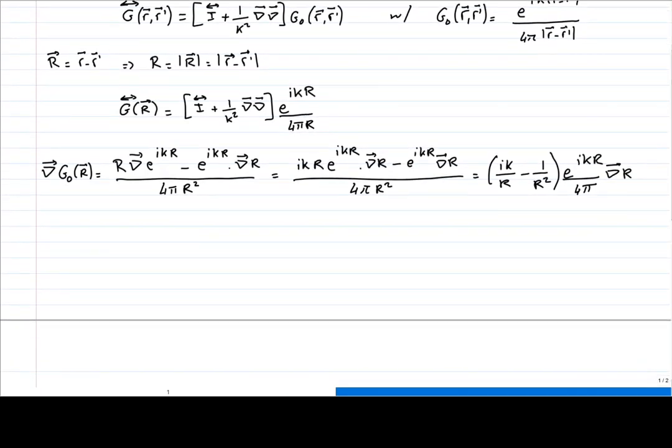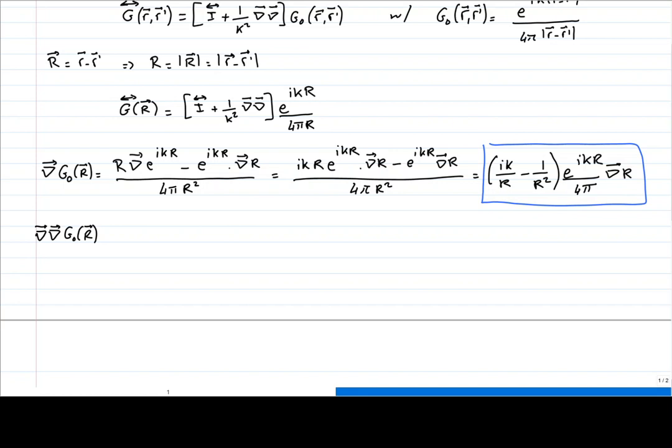Now the second step is to take a second gradient on top of this. So if we take the gradient of this gradient of the scalar green function, we apply those derivatives on top of this expression, which I'm going to frame in blue. This is what we're going to take the gradient of.